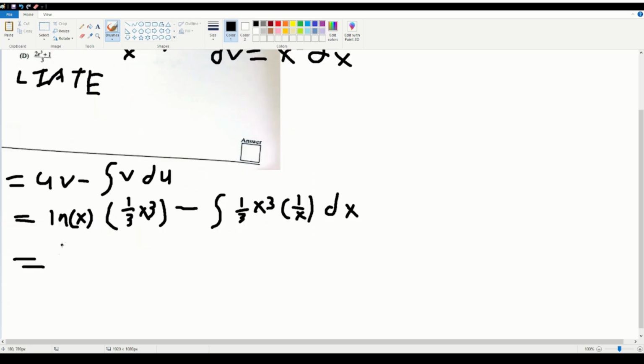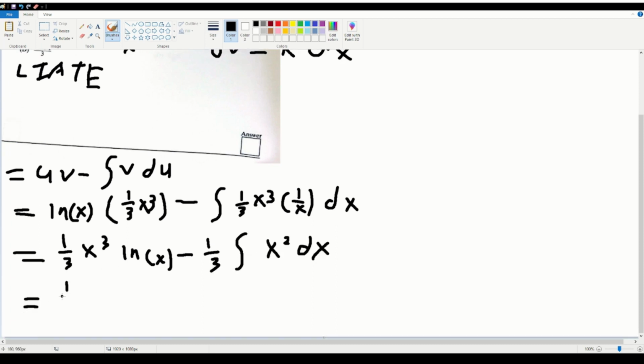So when we simplify, we get 1/3 x cubed ln x minus 1/3 the integral of x squared. So we get 1/3 x cubed ln x minus 1/9 x cubed. But since we're given bounds, there's no plus c, and we're gonna have to evaluate some things.